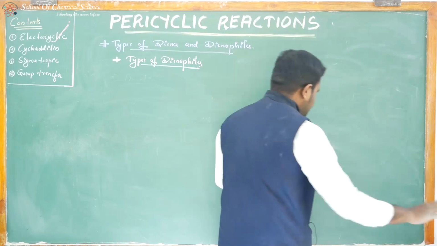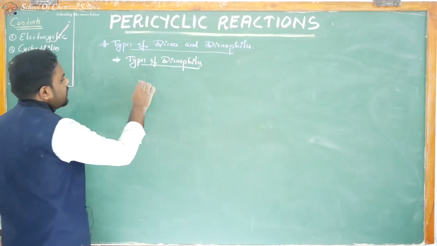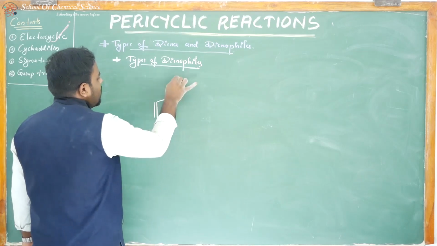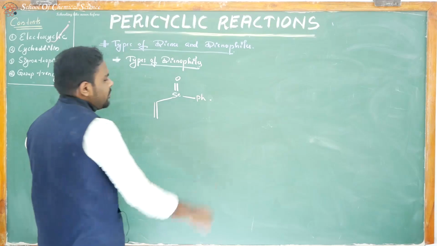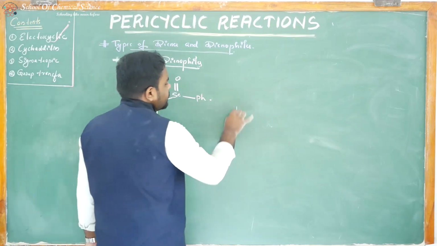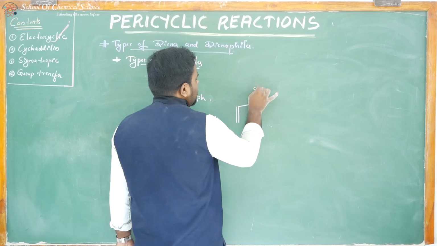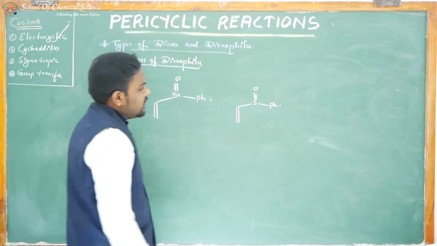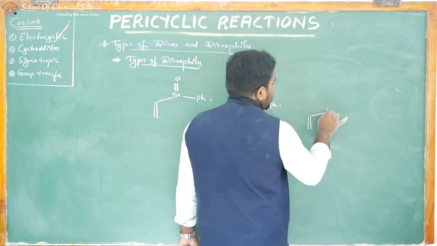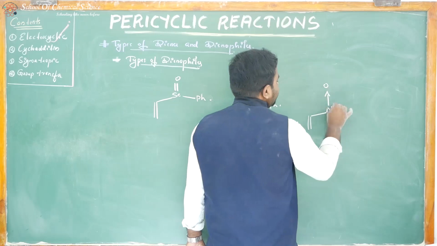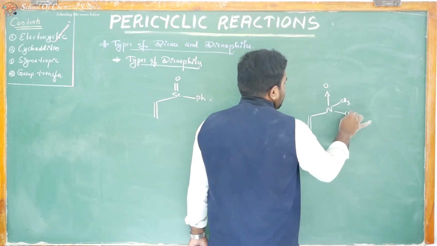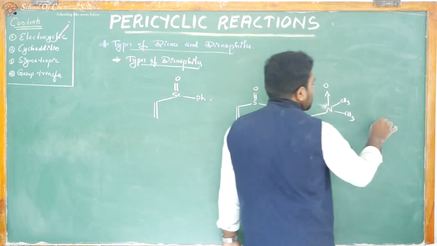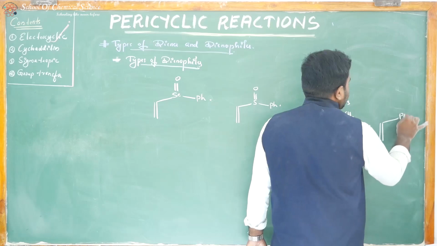Some special dienophiles, for example, selenium oxide, sulfur oxide, nitrogen oxide, CH3 plus, PPh3 plus.